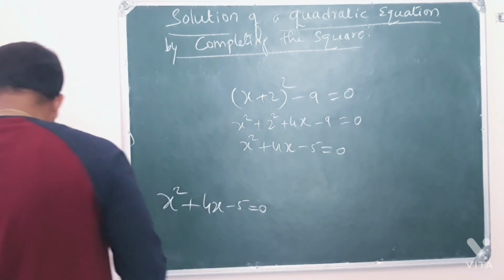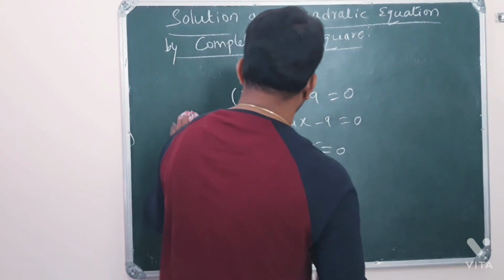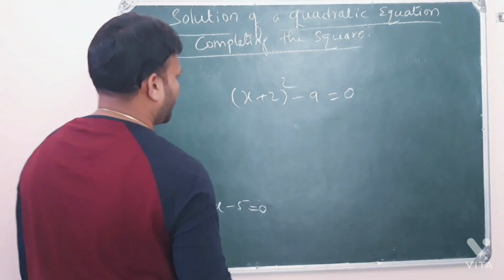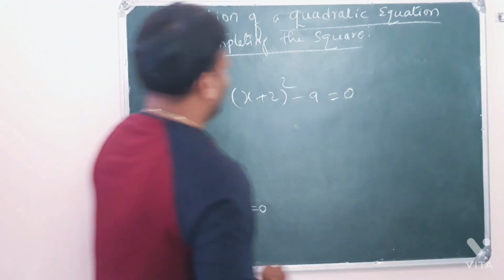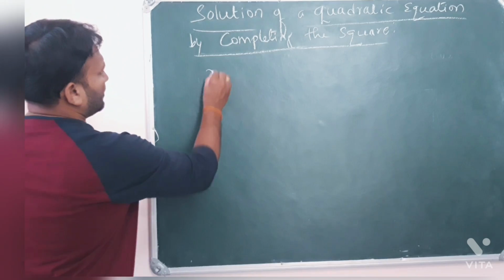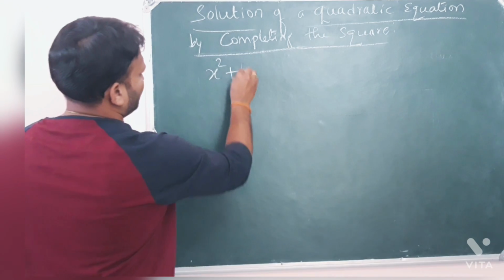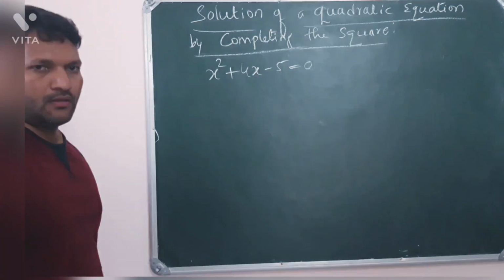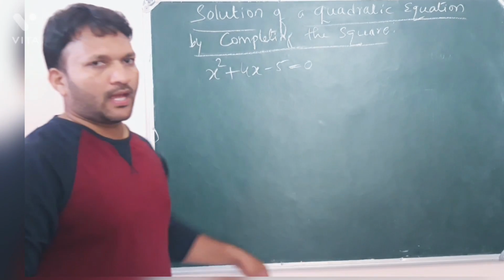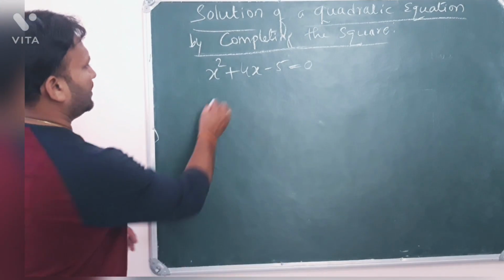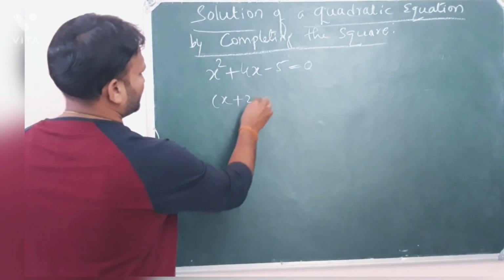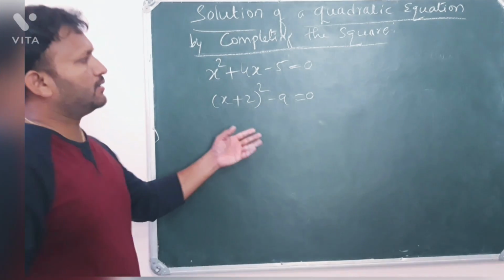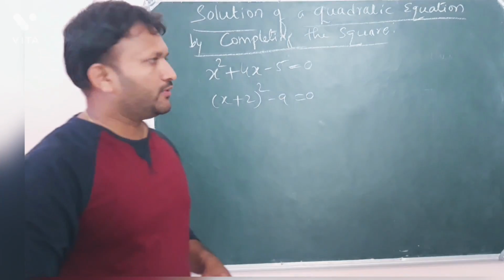That means we can directly get the same roots whatever we got before. So for x square plus 4x minus 5 is equal to 0, if you have a very good knowledge, you can say that this is also of the form x plus 2 whole square minus 9 is equal to 0. The same roots you will get.